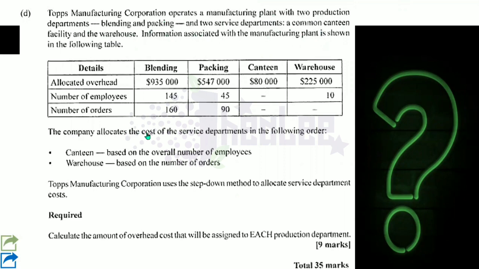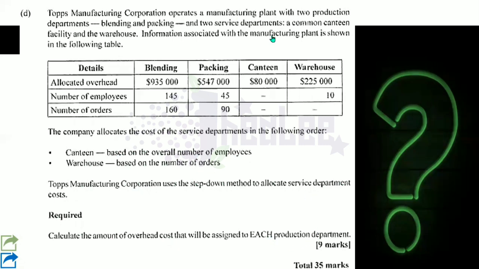The company allocates the cost of the service departments in the following order. Canteen is based on number of employees, and the warehouse is based on the number of orders. Tops Manufacturing Corporation uses the step-down allocation to allocate service department costs, and you are required to calculate the amount of overhead costs that will be assigned to each production department.